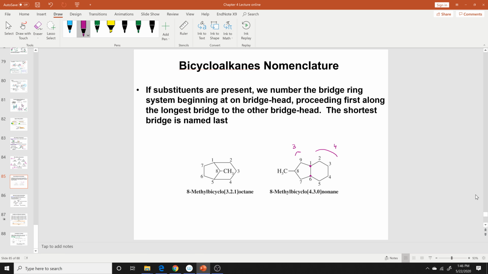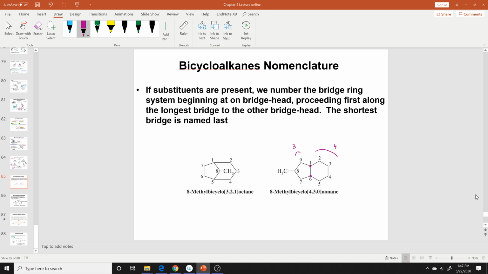And then whatever comes next is going from the most carbon side to the least carbon side. So here I don't have a bridge, but if I had a bridge of 4 carbons, I have to continue through that bridge, because 4 carbons is more than 3. But here I don't have any bridge. I have 3 carbons, so I have to continue along that side. It's going to be 7, this is 8, and this is 9.